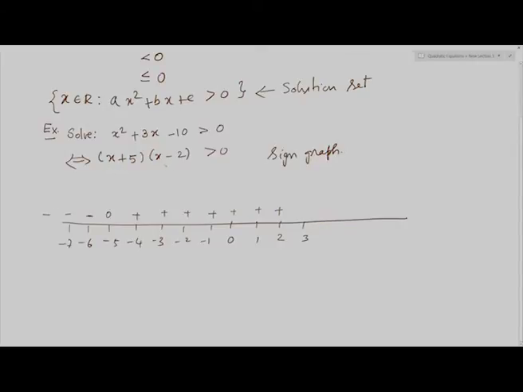Now, take the next term x minus 2. It is 0 when x is equal to 2. At x equal to 2 you put the 0, and to the right of that you put the plus signs, and similarly to the left of that you put the negative signs. Now, we want the product to be positive, so both should be positive or both should be negative.